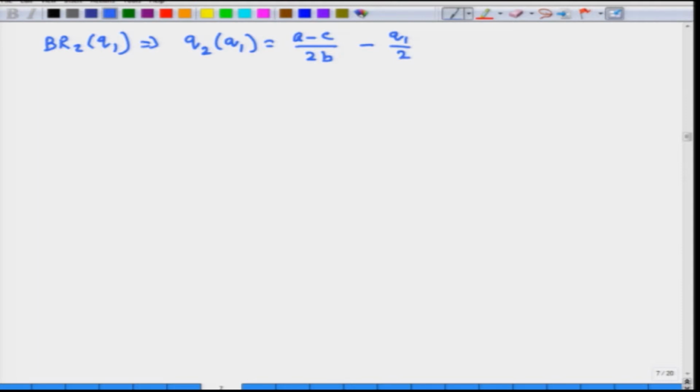Now, firm 1, which is moving first, is a rational player and knows that based on its choice of Q1, firm 2's choice of Q2 would be given by this particular relation.